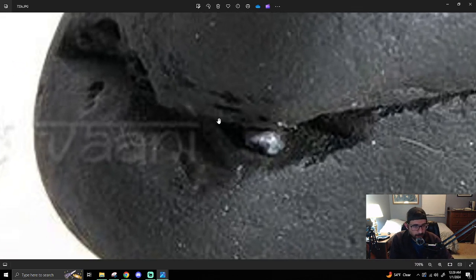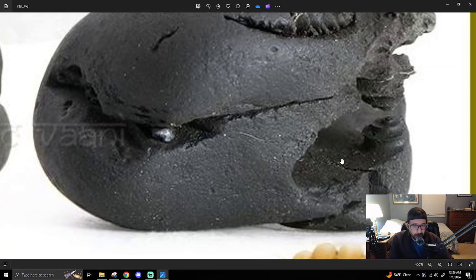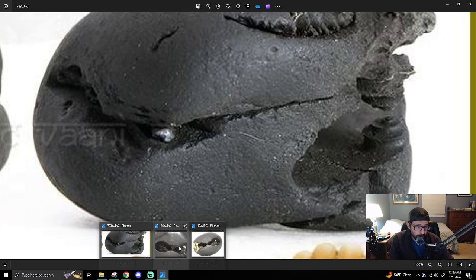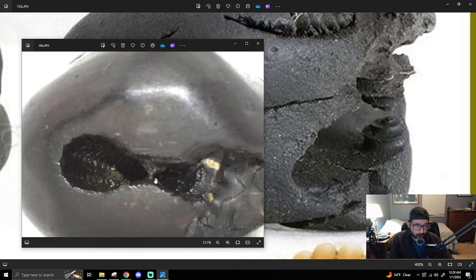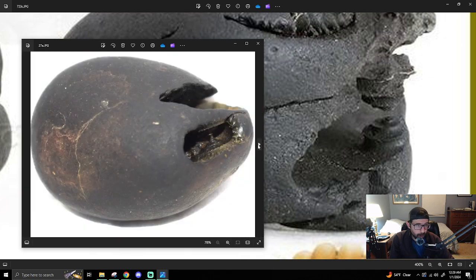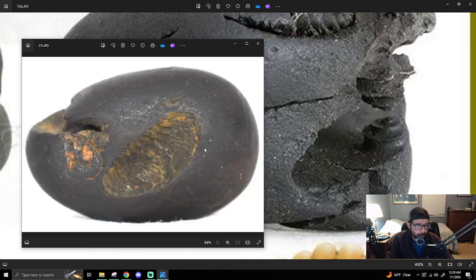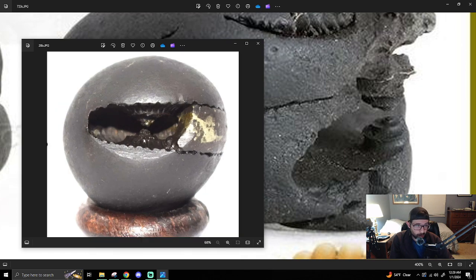Looks like there might be things coming out of here, like the lines, the ribs that tend to point at a chakra like this.